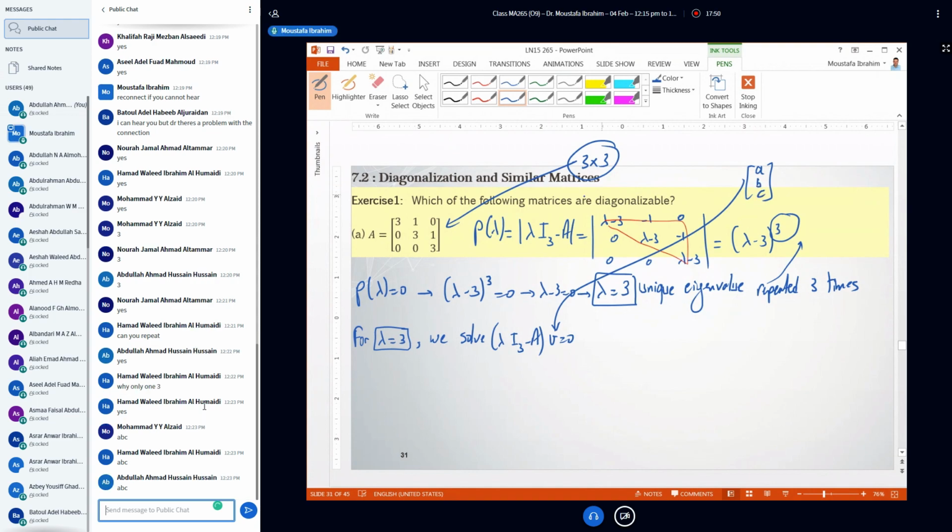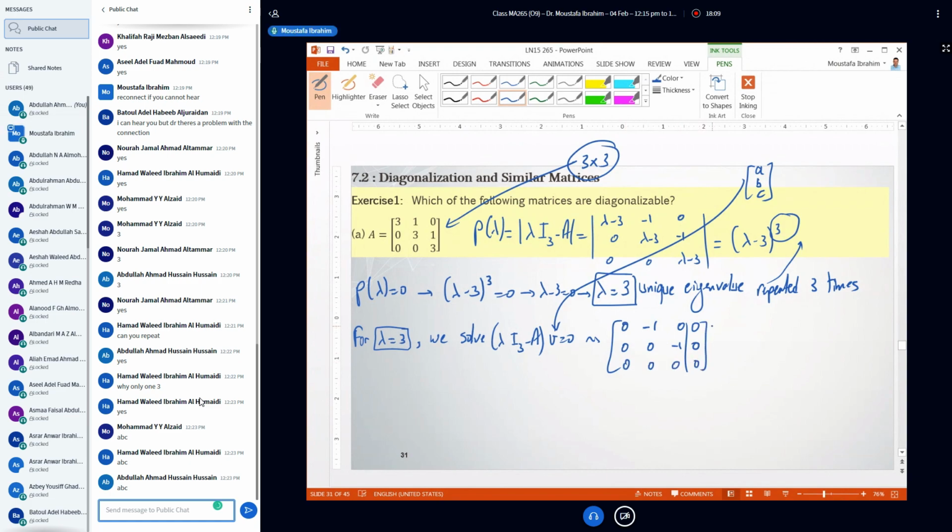Very good, (a, b, c), because it's 3 by 3. So we get the augmented matrix. Now here, put 3 instead of lambda. So we get 0, negative 1, 0, and 0. 0, 0, negative 1, 0, and the last row all zeros.